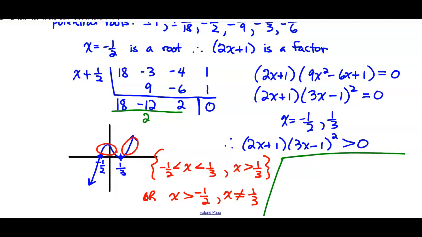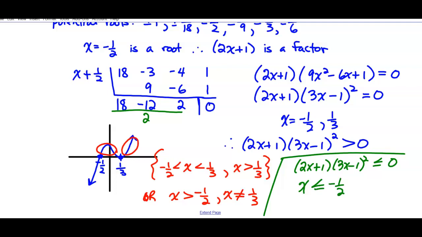If I had asked for the opposite, so if I had said (2x plus 1)(3x minus 1) squared less than or equal to 0, then that would be x less than or equal to -1/2.